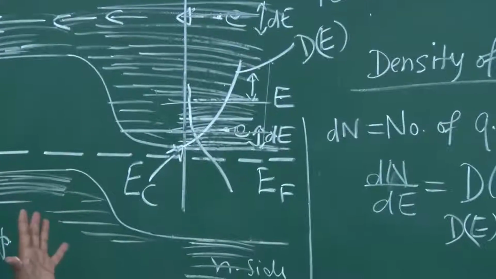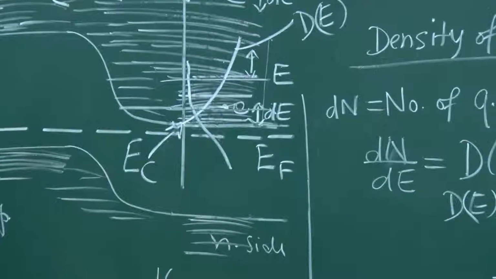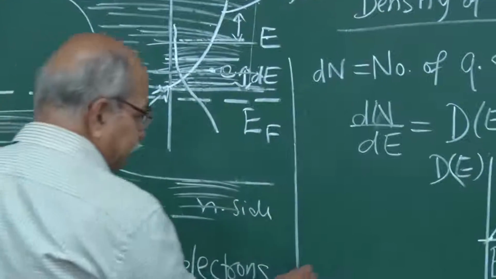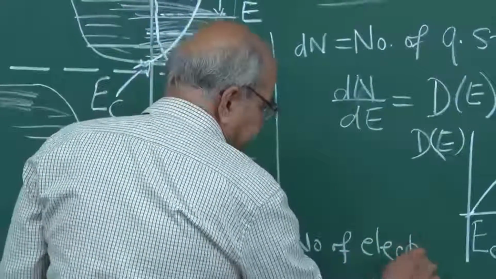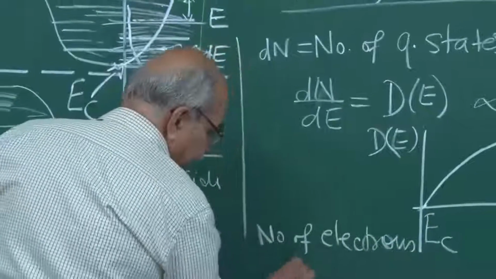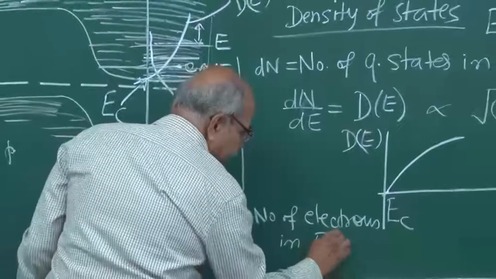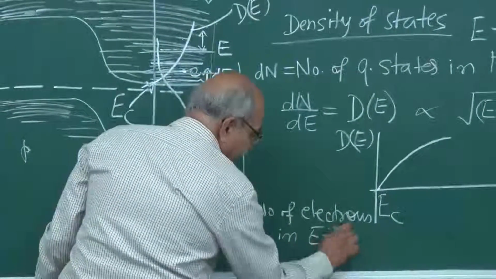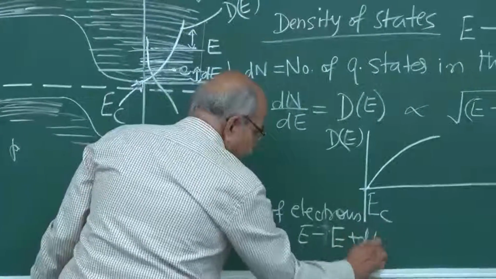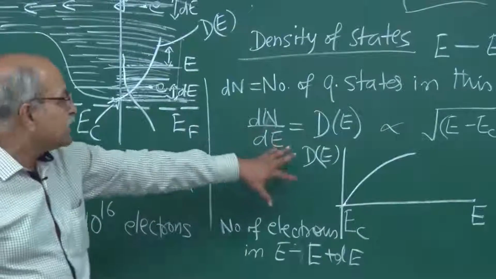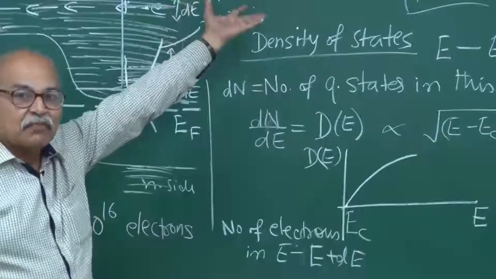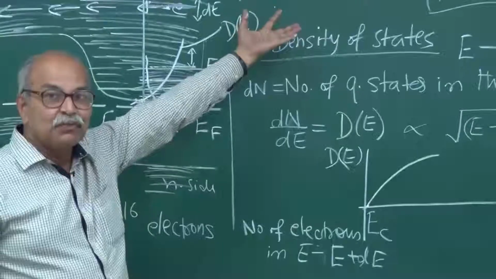So if you want the number of electrons in E to E plus dE, for that you have to take care of both things, this density of states as well as the probability of those quantum states to be occupied.